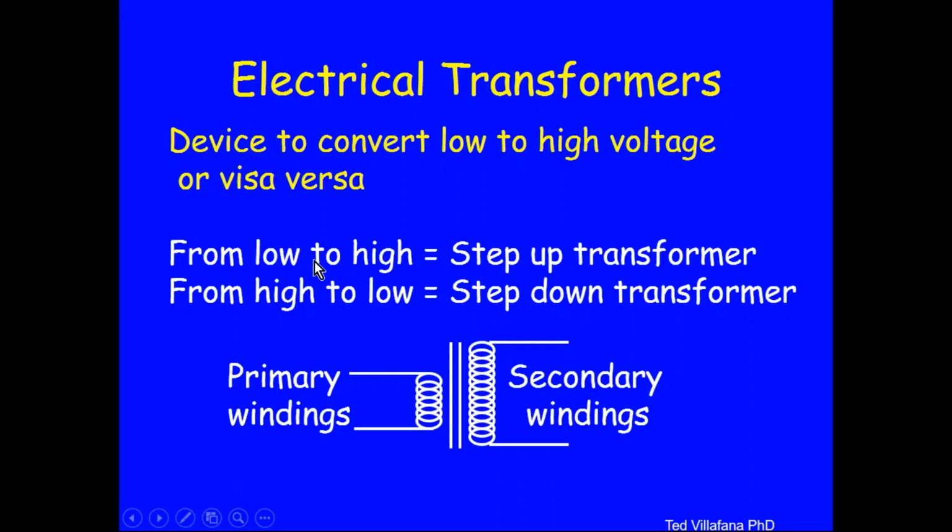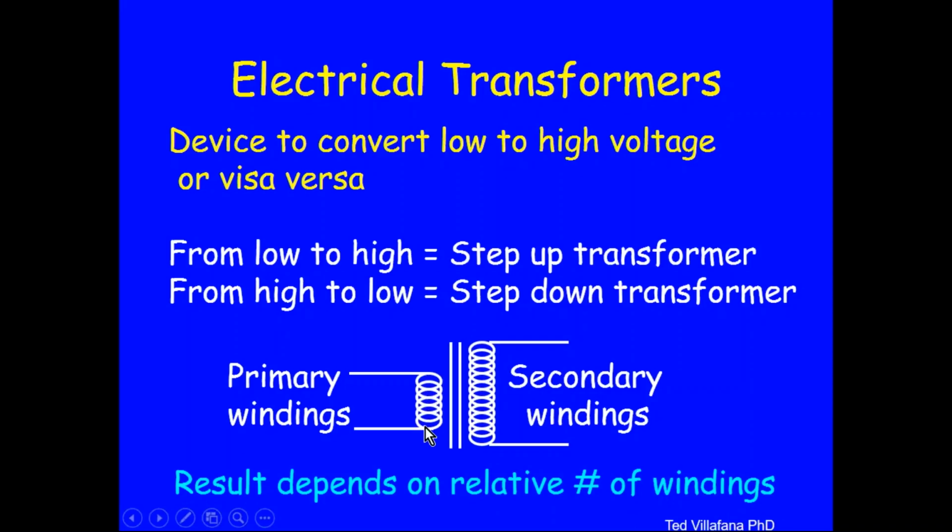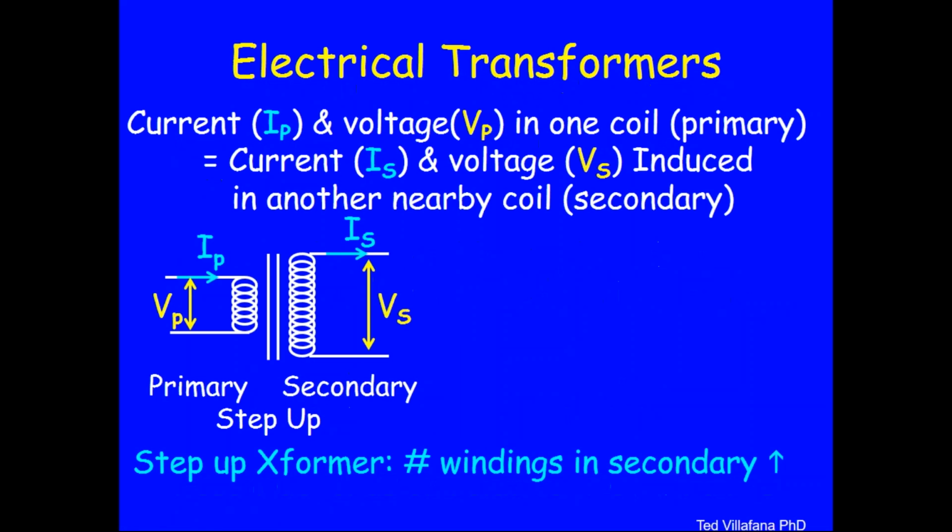Let's take a look at how a step-up transformer works. How do you go from low to high? Okay, to go from low to high, you just have your primary windings with a certain number of turns, and then if you want to go to higher voltage, you want to step up, then the secondary windings have to have a greater number of windings, and it's directly proportional. You want to double the voltage, then you need double the number of windings in the secondary. Okay, simple as that.